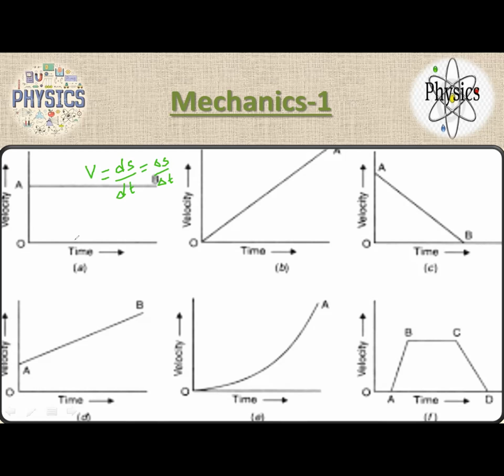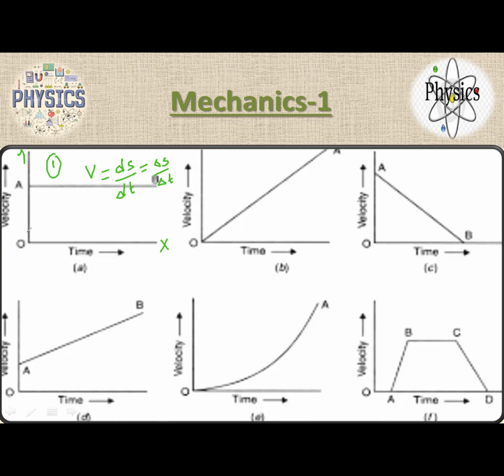As you increase the time, if you can observe that there is a change in displacement, in that case we can say that there is a velocity. So from the first graph, along the y-axis we have the velocity, along the x-axis we have the time.